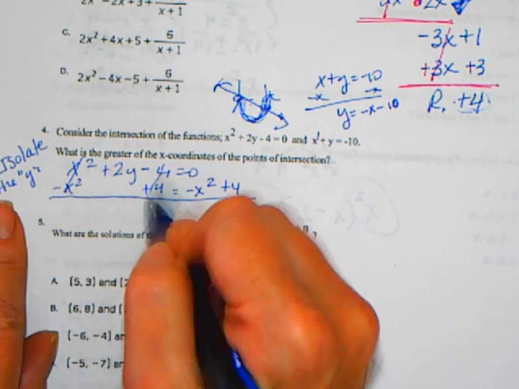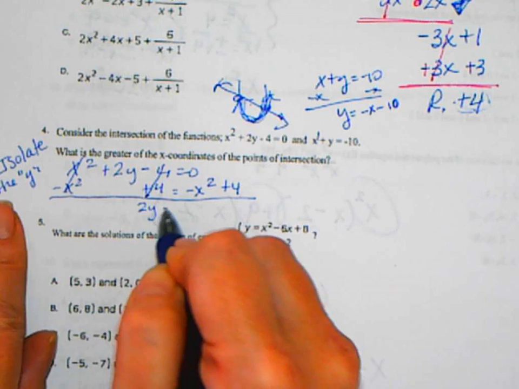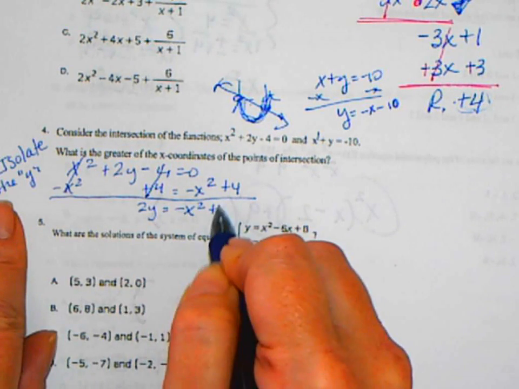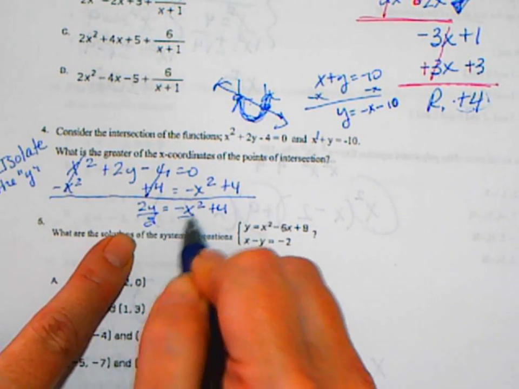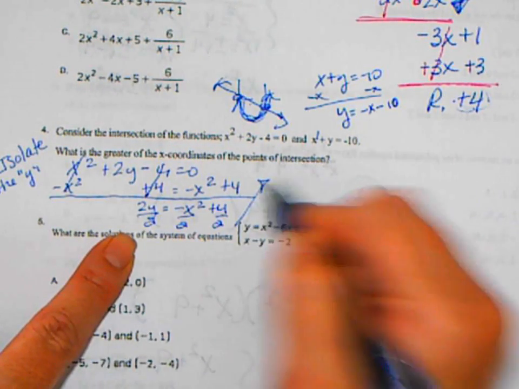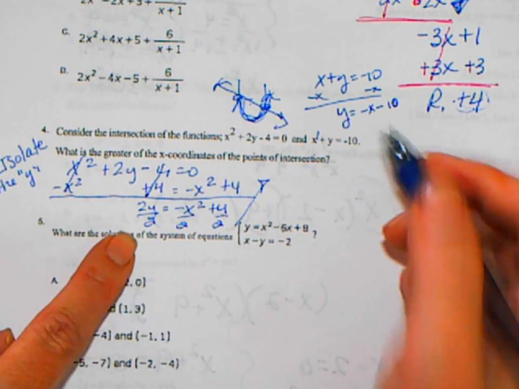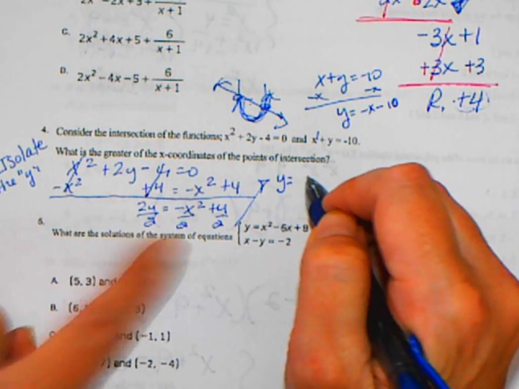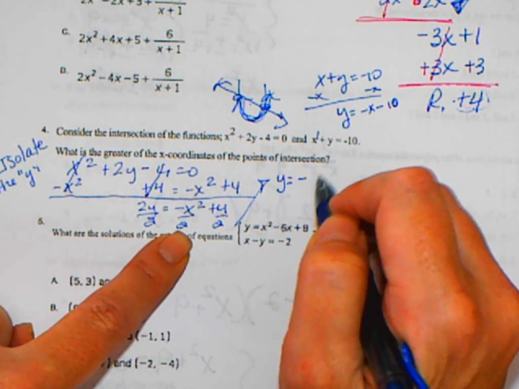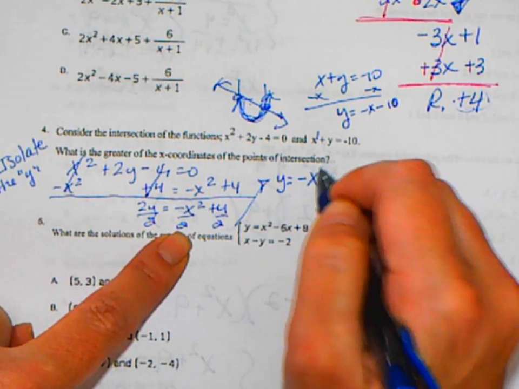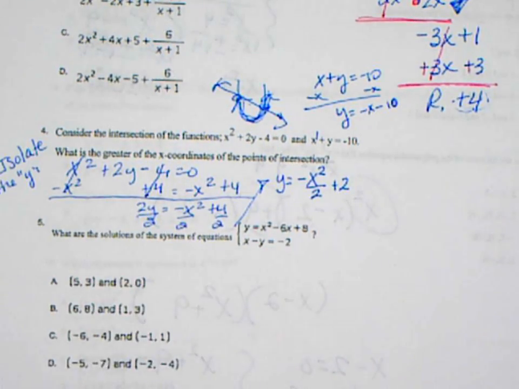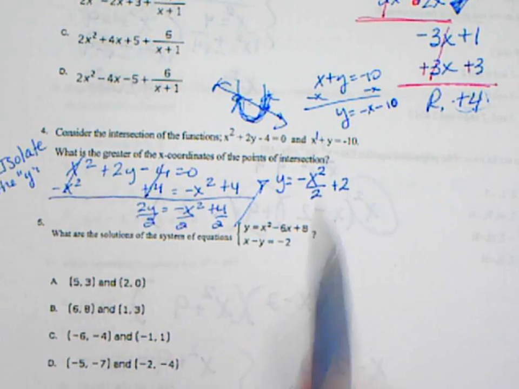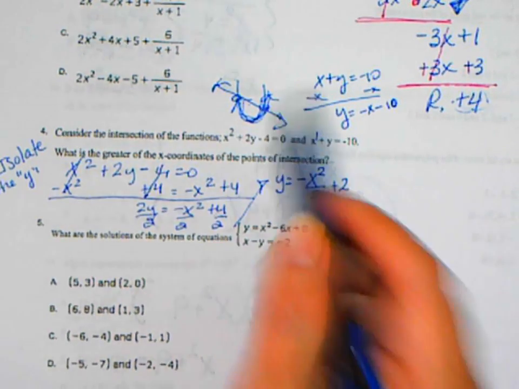So that gets rid of those two. I'm left with a positive 2y equals negative x squared plus 4. And then y is still not by itself, right? So I have to divide every term by 2. And that gives me y equals negative, you can do x squared over 2 or 1/2 x squared, it doesn't matter. I'm just going to do, for now, negative x squared over 2, and then plus 2. I haven't solved anything yet. I just took one of those equations and isolated the y. That's all I've done. That's what I did with this quadratic.